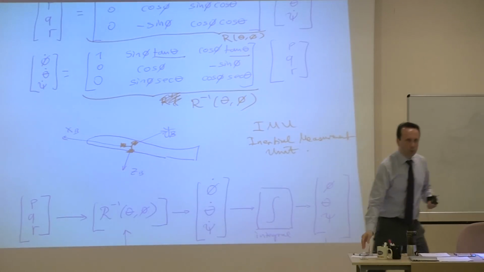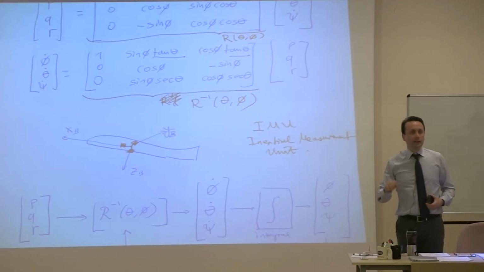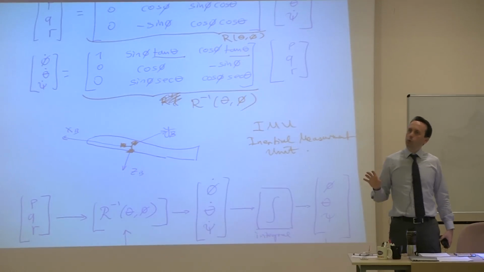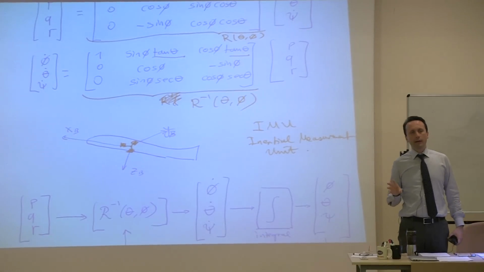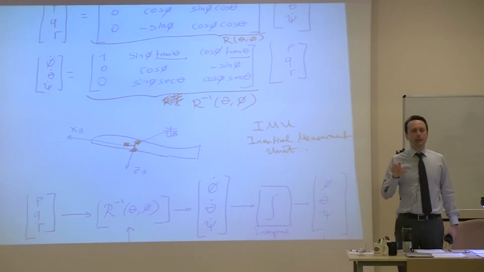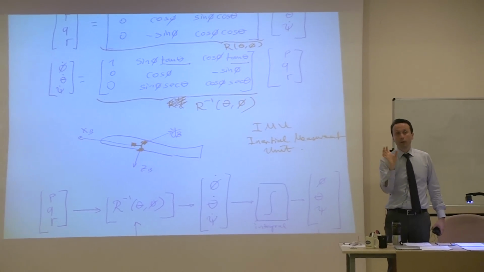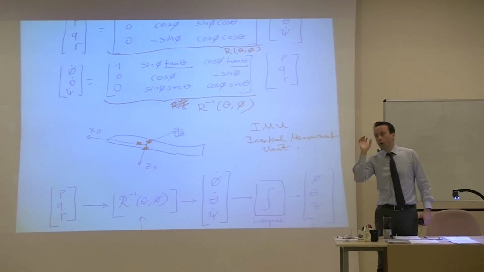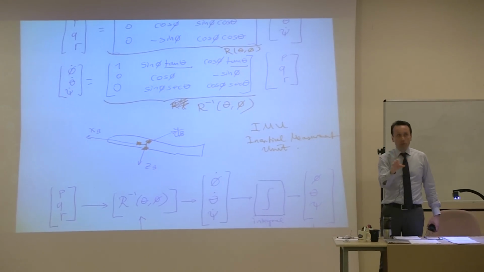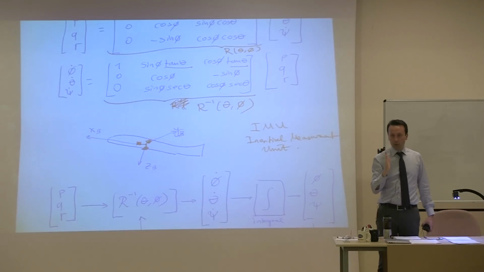So the answer to my question, what is wrong with this? The answer is that when theta equals 90 degrees, the Euler angles are not unique anymore. In other words, there are two sets of Euler angles that will constitute the same flight condition.